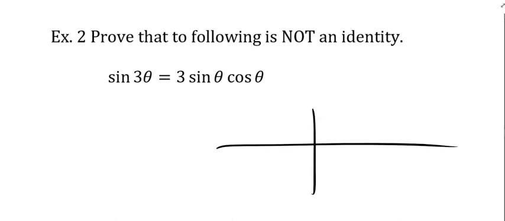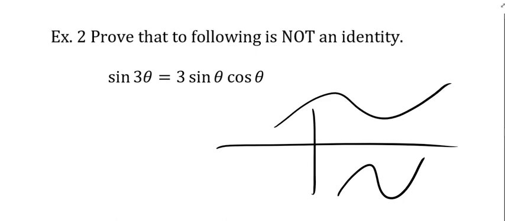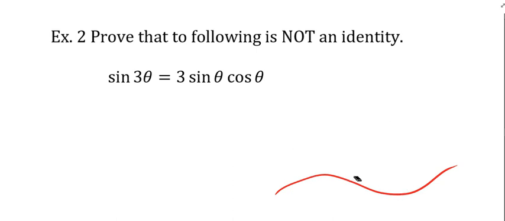I could graph a sine here and a sine here and they'll never cross. Or I could graph another one like this and they'll cross here and there. So if I pick a value for theta and it works out, that doesn't mean it's an identity. It just means that you happen to pick a point where they happen to be equal. So how do you avoid that?